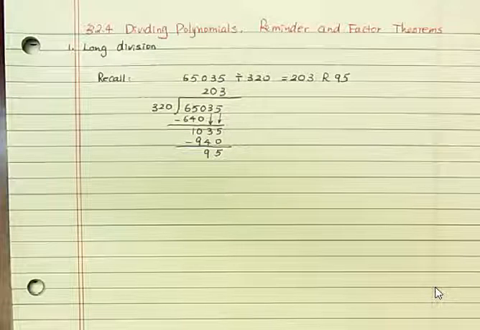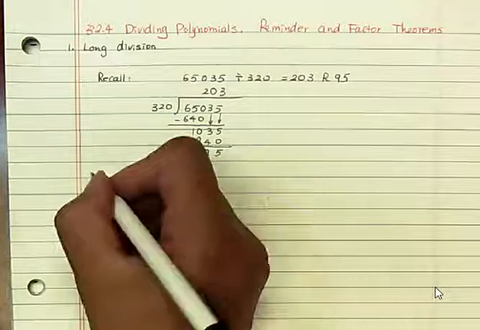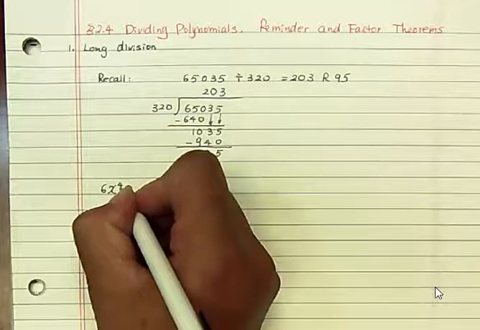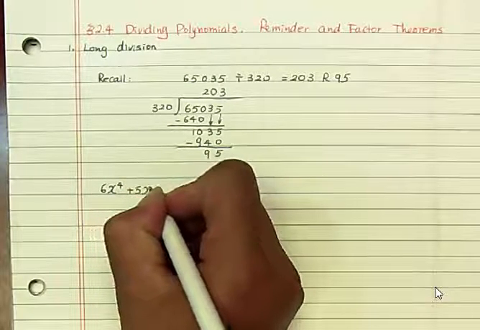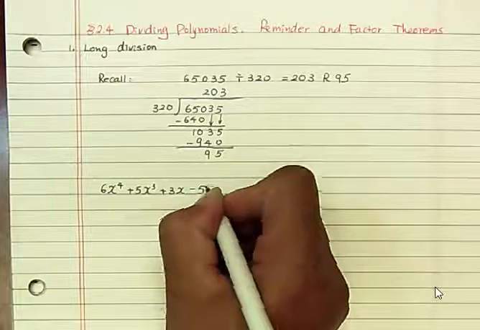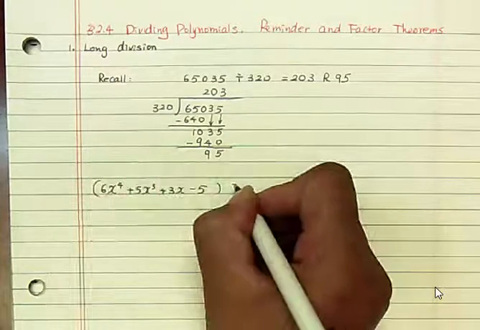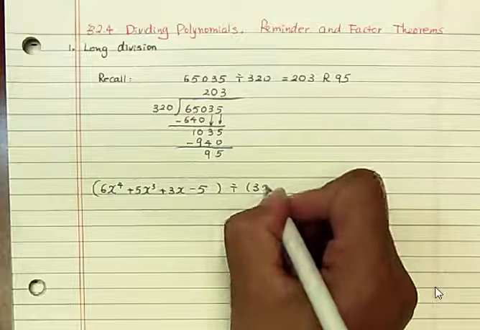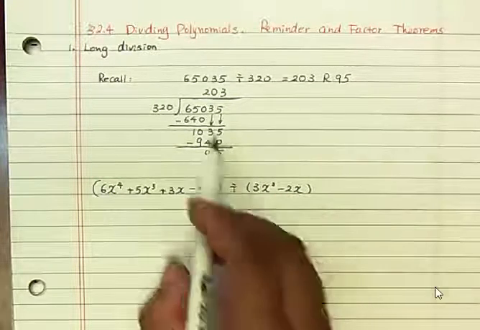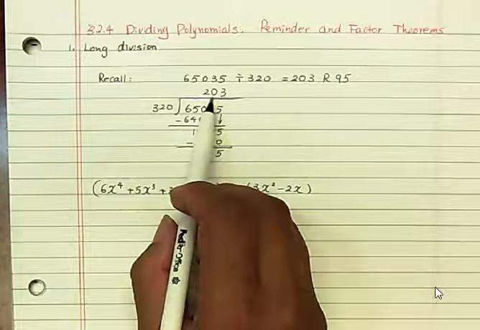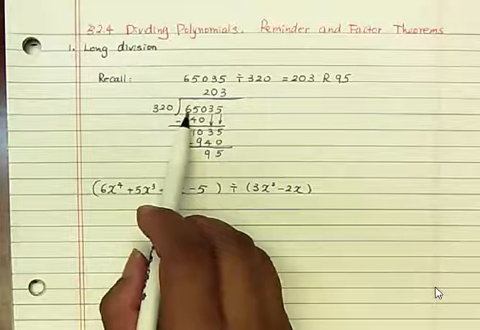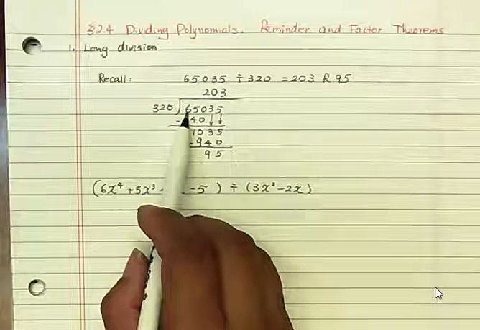The polynomial function is the same thing if we are going to use 6x^4 plus 5x cubed plus 3x minus 5. If we use that to divide by 3x squared minus 2x, we are going to do exactly the same as before when we did long division for numbers, because 10,000 is 6 times 10 to the 4th power.